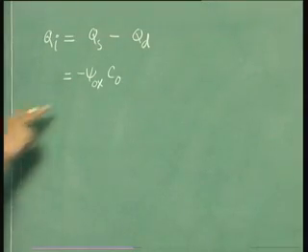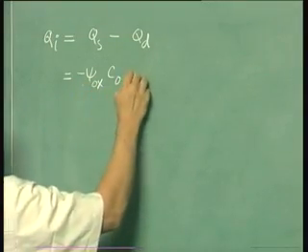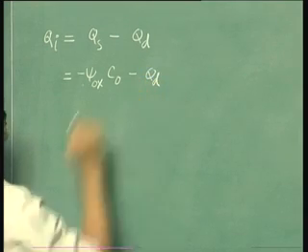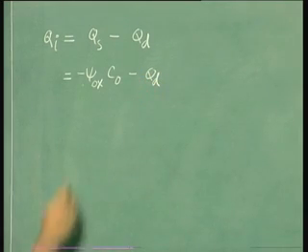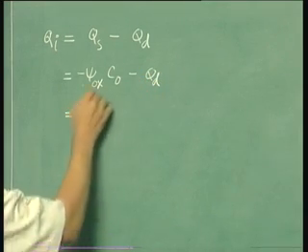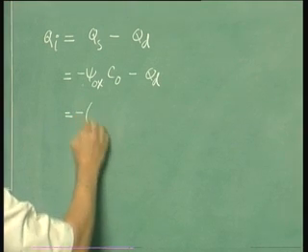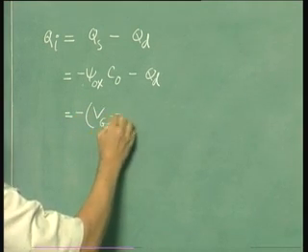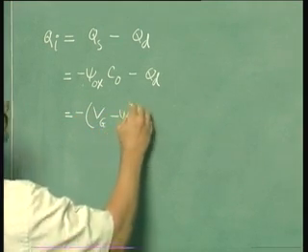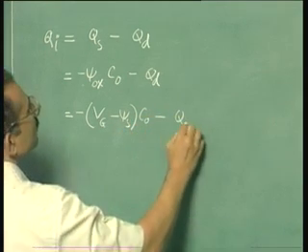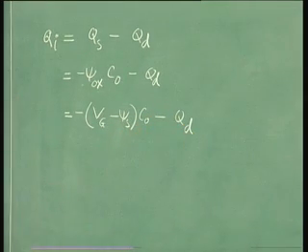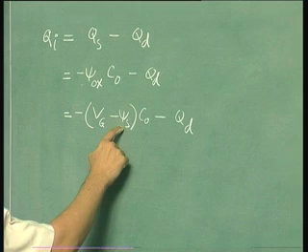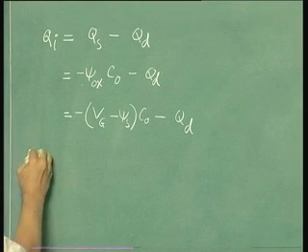So minus psi ox, C naught, minus Qd. Psi ox is nothing but Vg minus psi s. Now, what is the value of psi s?